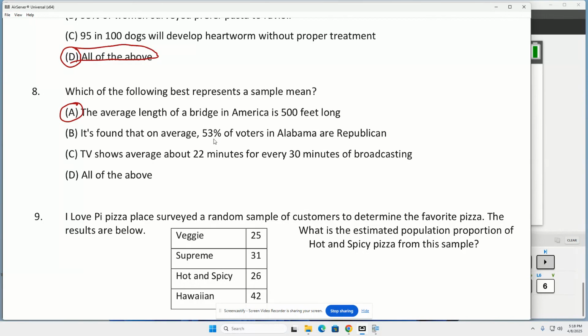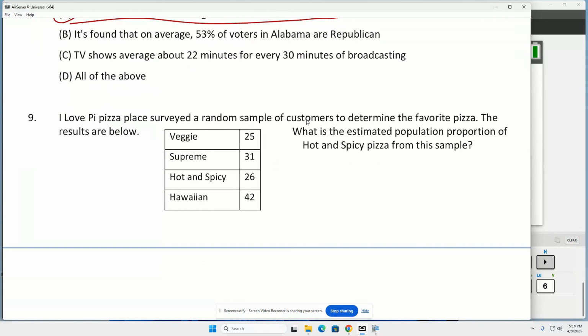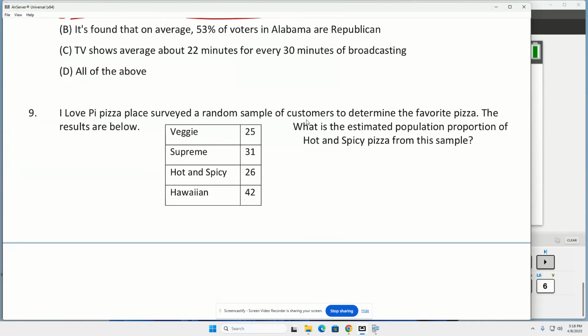That is a proportion. Okay, you got to look at that last part. That's a proportion. It's not a mean. C, TV shows average about 22 minutes for every 30 minutes. That's 22 out of 30. That's a fraction. That's a proportion. So my answer here is just A. Just A. Okay?